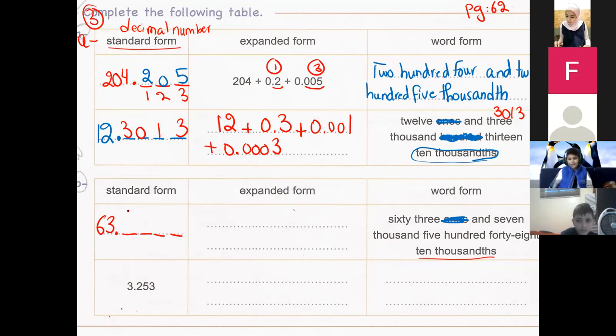Muhammad, come on. 8, 7. No, 500. So 5 in the hundreds place, then 7.